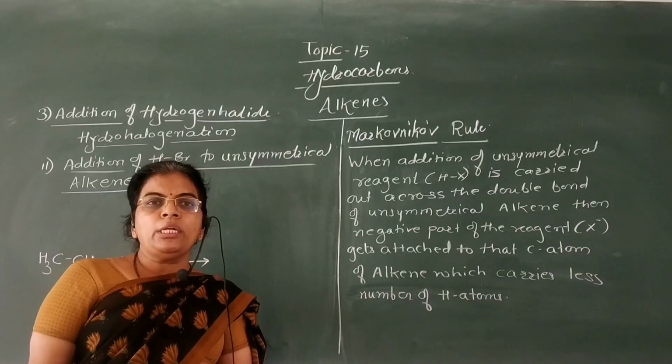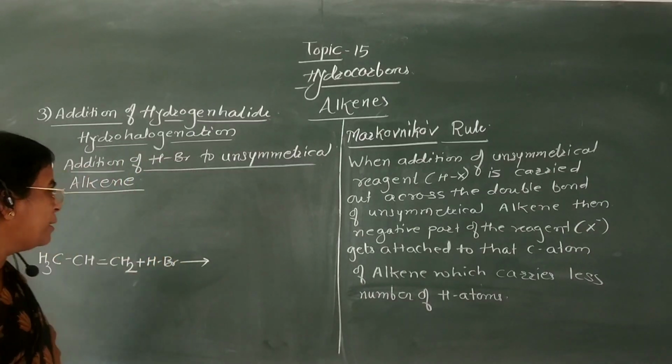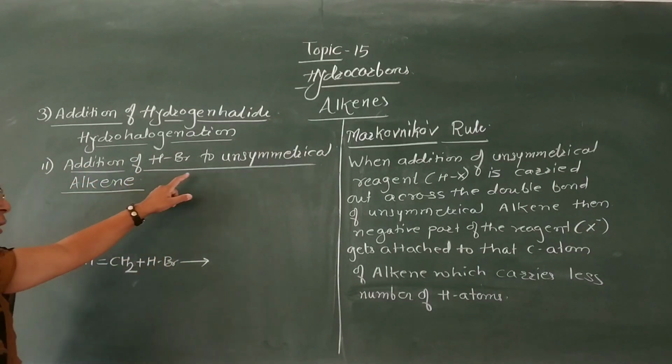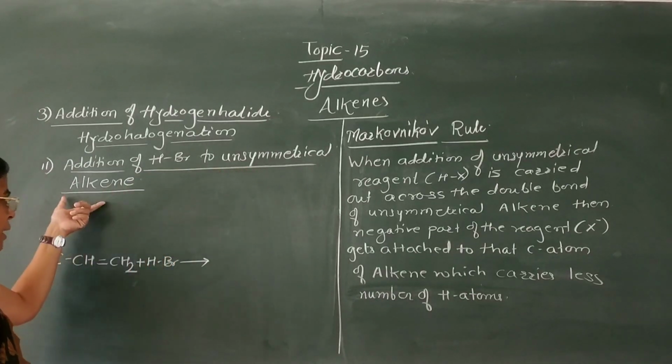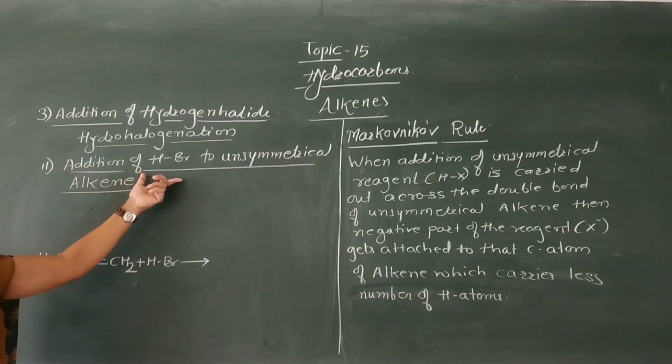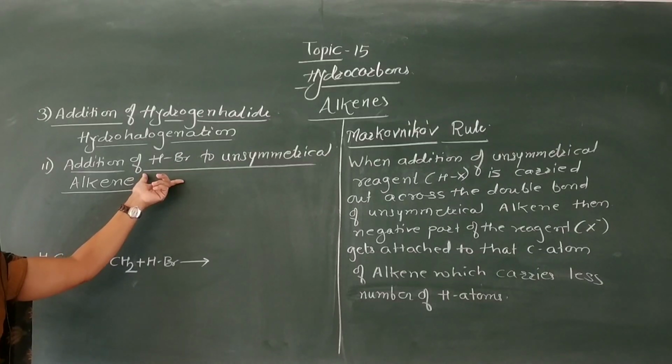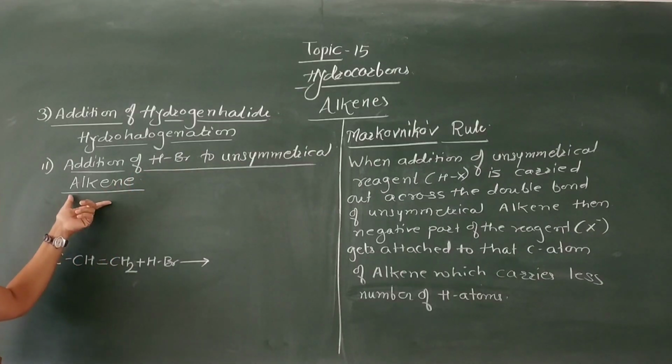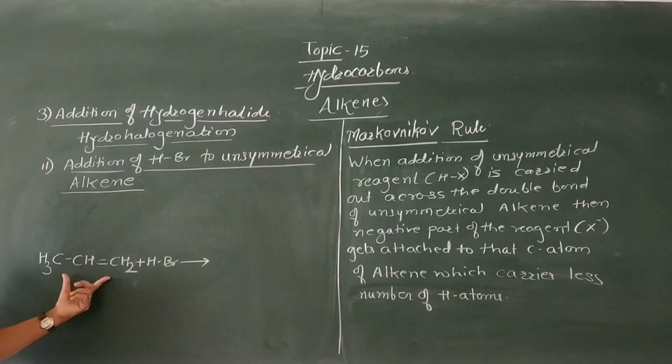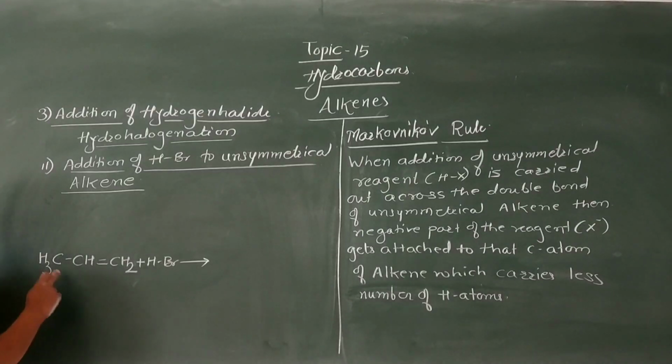Now we are going to see the second type, addition of HBr to the unsymmetrical alkene. That is, addition of HBr is carried out across the double bond of an unsymmetrical alkene. Here is an example of an unsymmetrical alkene, that is CH3, CH double bond CH2.